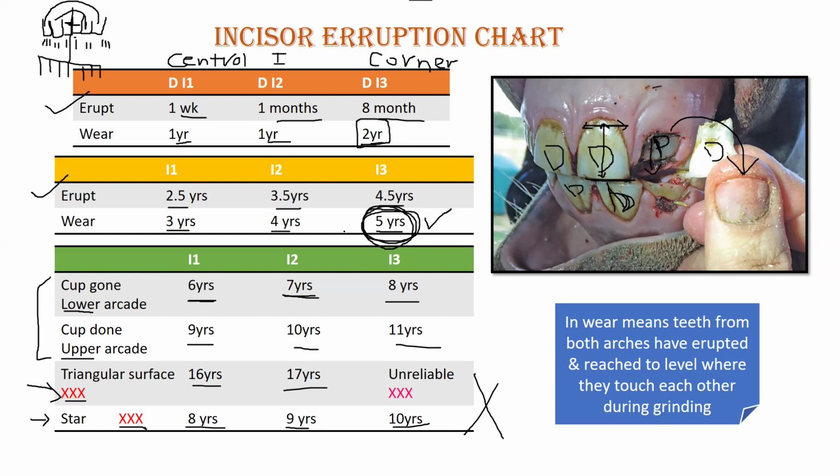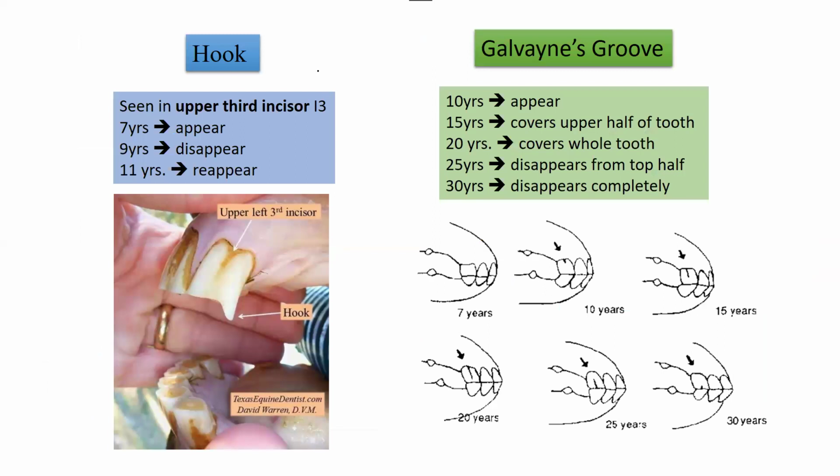I hope you have understood well these dates. Next we have two more things, and these are very, very, very important. Hook and Galvayne's groove. So, first thing is hook. What is hook? Hook is always seen in the upper third incisor. So you should remember that it will appear on upper third incisor, I3 only, from right and left, both sides.